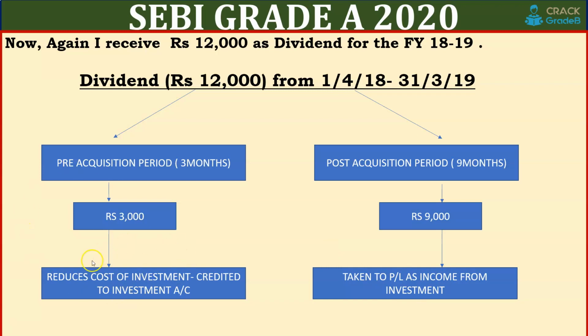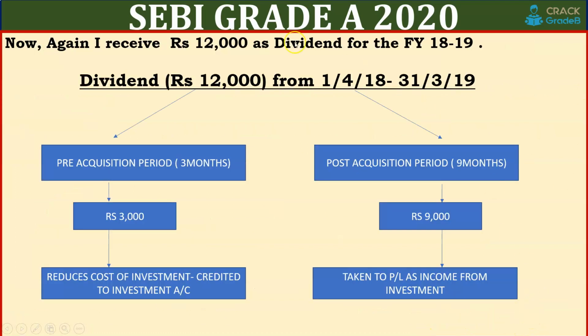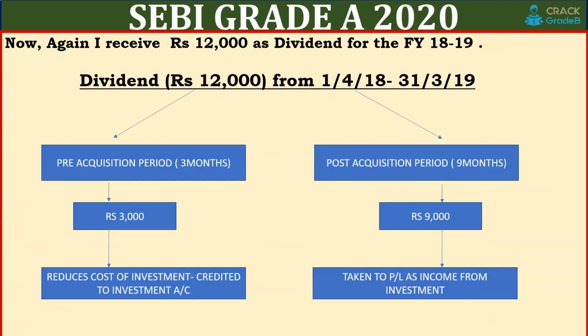Everything we get for the pre-acquisition period will reduce the cost of investment and will be credited to the investment account, as we have seen here, where the investment account was credited by 15,000. That is how we do dividend accounting. Therefore it was written that in certain conditions, such inflows signify a recovery of cost and do not form part of income. So a pre-acquisition dividend is not a part of our income, while the post-acquisition dividend is a part of our income.